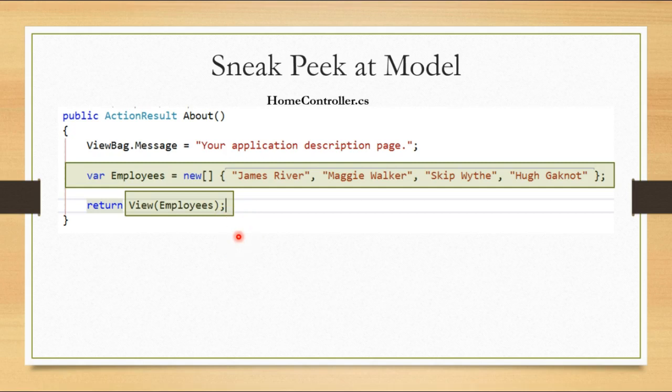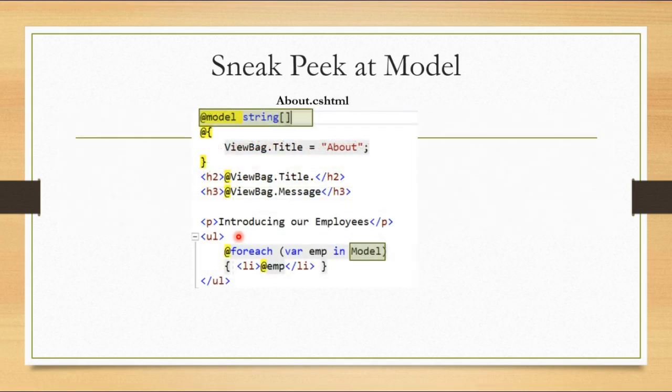All right, let's look at our about CS HTML file. We add this line up here for model. We identify the model as a type of string array. And now, instead of using viewBag.employees, we use model.